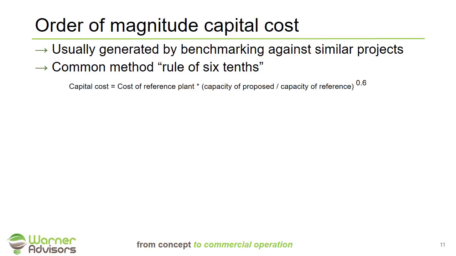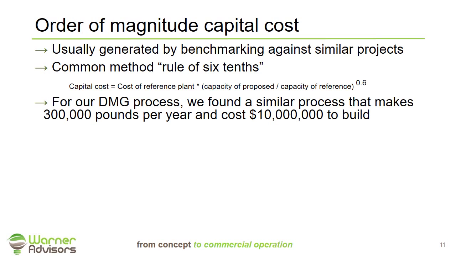What that means is the capital cost of the plant I'm trying to build will be represented by the capital cost of this reference plant, the plant that we have some information on, based on a ratio of the two proposed capacities to the 0.6 power. So let me give more definition. For our dimethyl glop process, we found a similar process that makes 300,000 pounds a year, and we found out that that facility cost about $10 million to build.